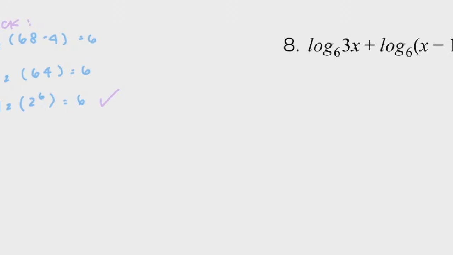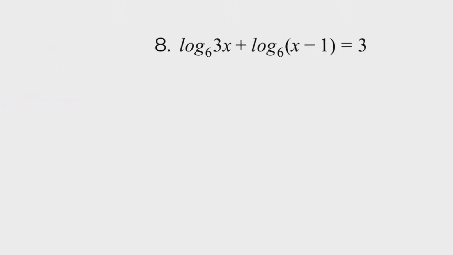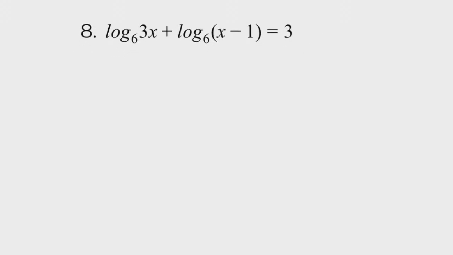Okay, and then for this last problem, we have two logs, so we want to condense those first. So this would be log base 6 of 3x times (x minus 1) equals 3. Then to get rid of the log 6, I'm going to use the base of 6.